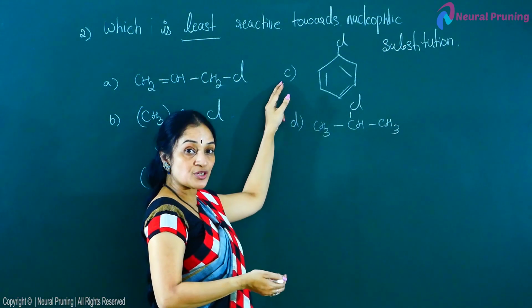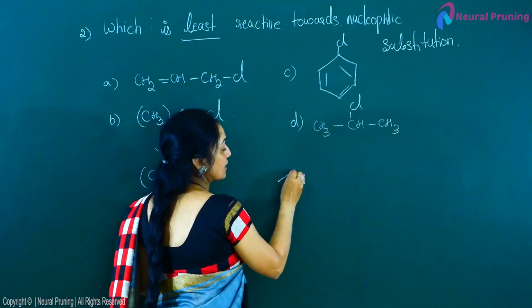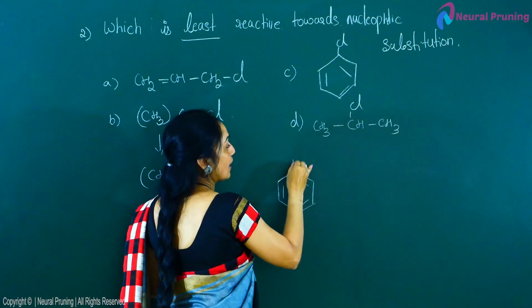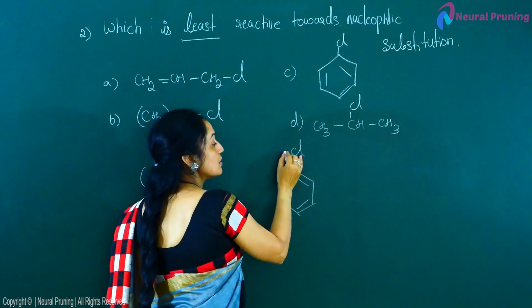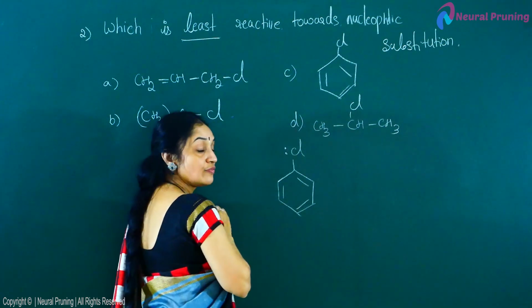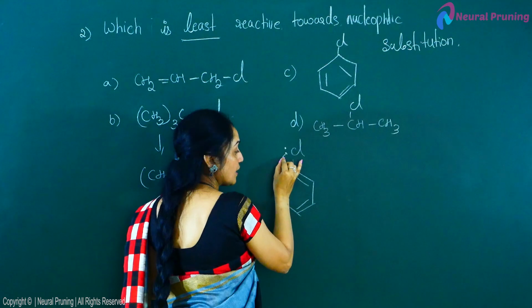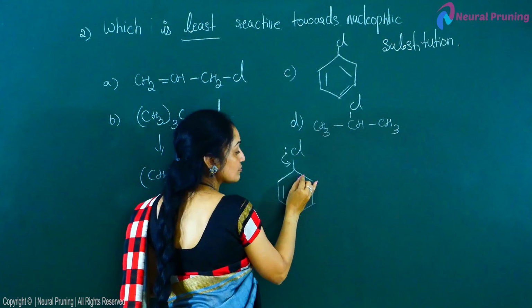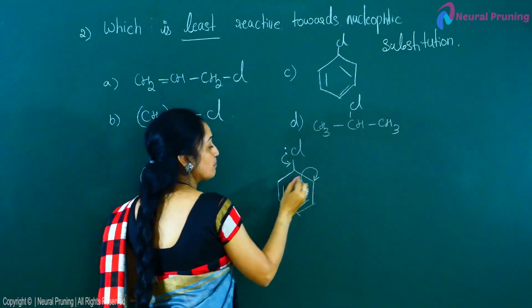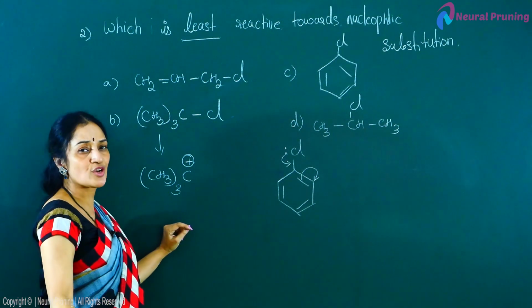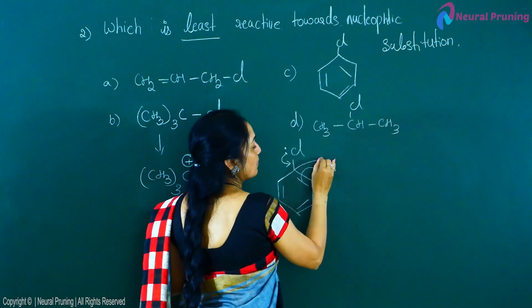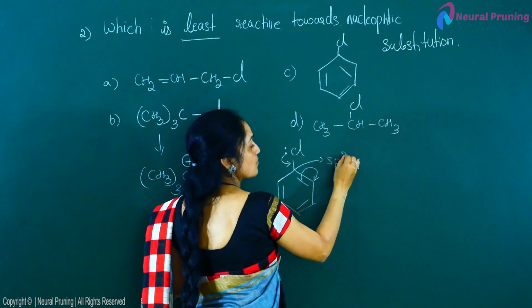Coming to option C, we have a benzene ring and we have a Cl group here. This particular Cl group has a lone pair of electrons. The lone pair of electrons will get transferred here, and the pi bond gets transferred to the next carbon, which we generally call delocalization. Here the carbon atom is sp2 hybridized.